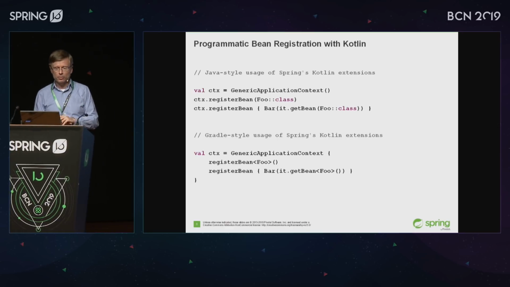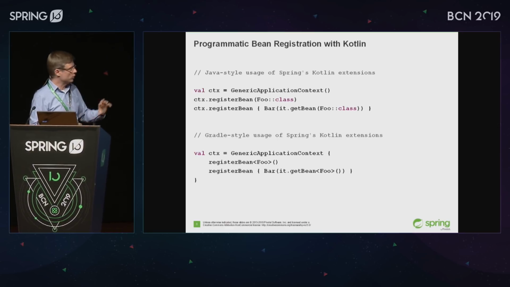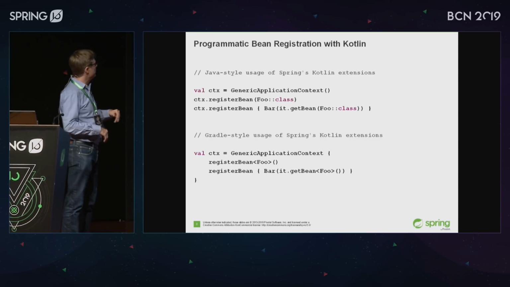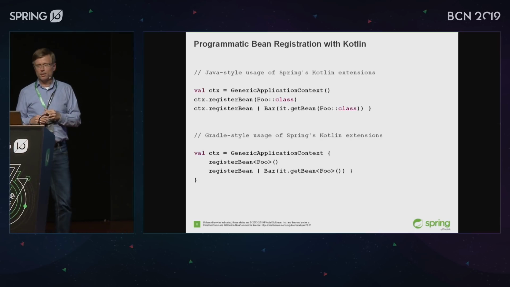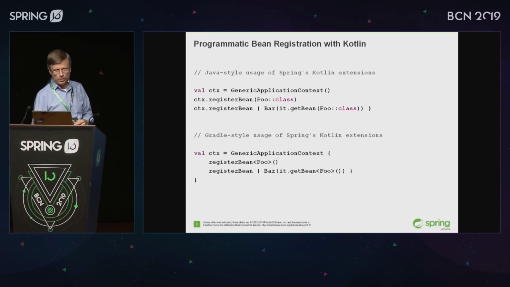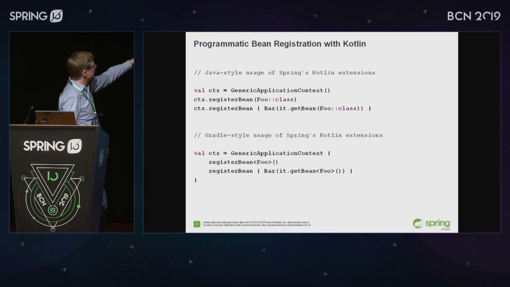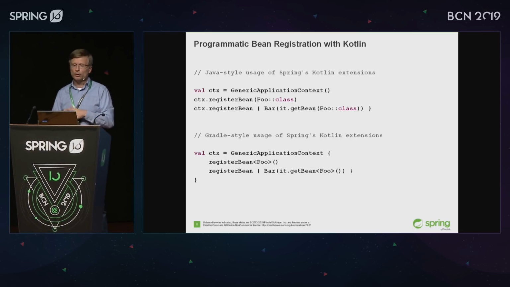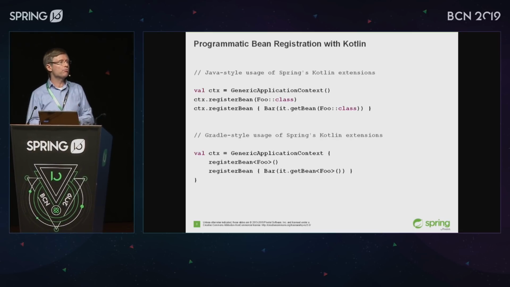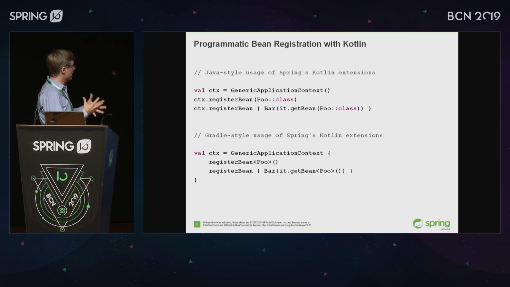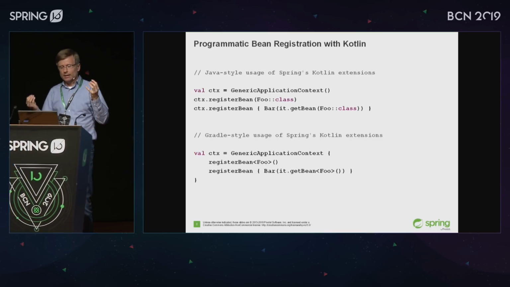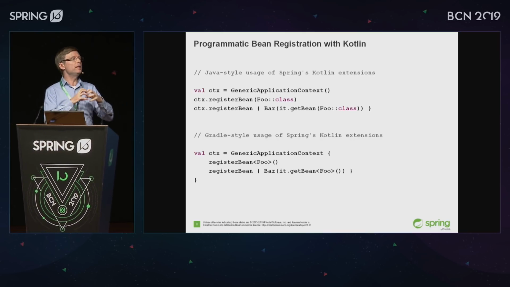This code is basically doing almost the same as the code before. It's just different twists down there with the inline registerBean calls for a more DSL-like experience, and up there with the inline instance supplier. There's a bit of a convenience that comes out of Kotlin because we can use dedicated Kotlin reflection APIs. Also something we've been recently introducing and enforcing, that there is as little repetition as technically possible.